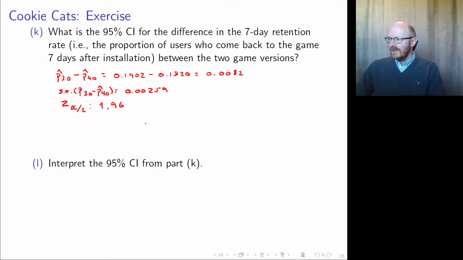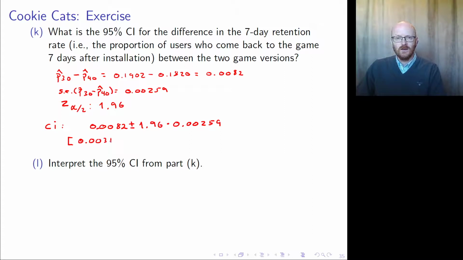Which means that our confidence interval expression is 0.082 plus or minus the critical value of 1.96 times the standard error, which is 0.00259, which gives us a range of 0.0031, I think, I'll just have to check, to 0.0133.